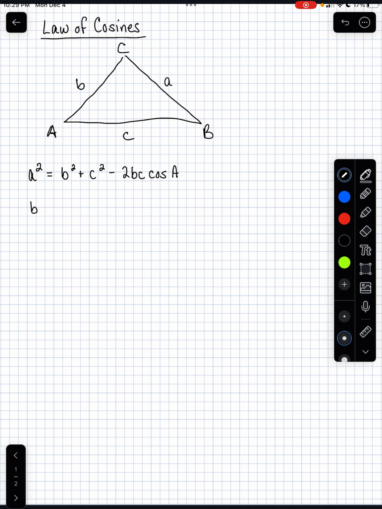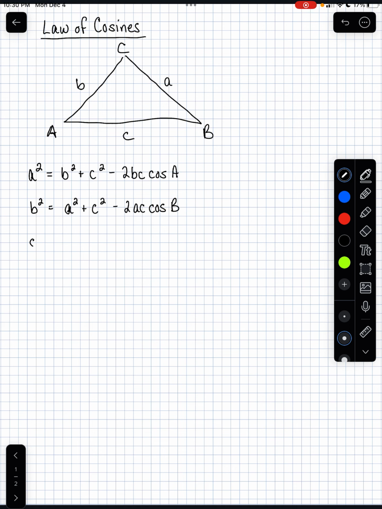So if you're looking for side b, but you have a and c, then b squared would be by itself, and on the other side you have the sum of the squares of the two sides that you do have, minus 2 times the product of the sides that you do have, times the cosine of the angle opposite the side you're looking for. When you put it that way, it doesn't really sound much better, except that that description applies to all three of the formulas without having to remember A's, B's, and C's all over the darn place.